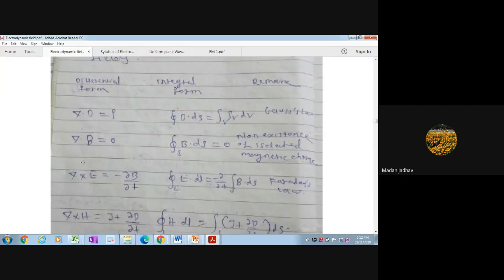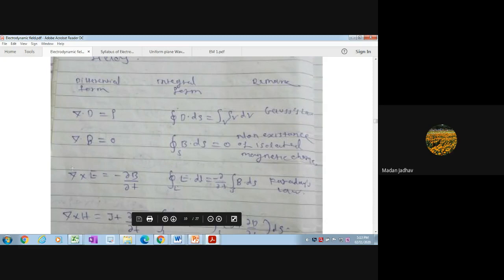On the left side, EMF is equal to the voltage, which is the closed line integral of E dot dl. Then applying Stokes theorem, we obtain this equation: the curl of E is equal to minus dB by dt.